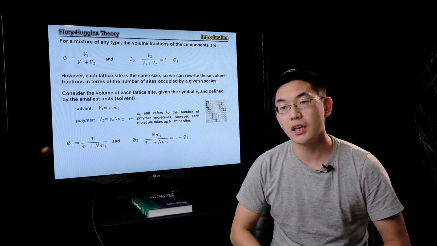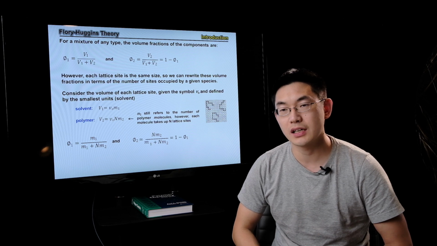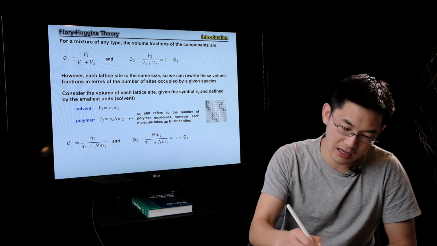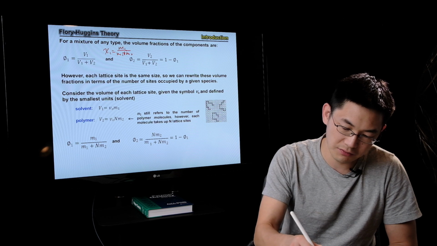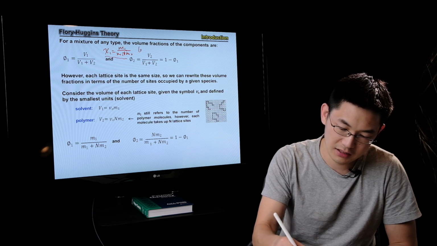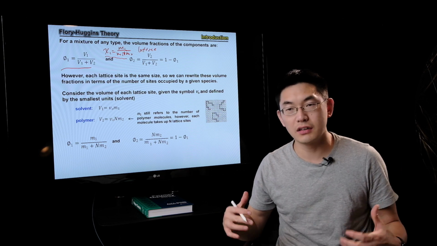In the solution of toluene and hexane, because they take the same volume, we simply defined a similar term, which is the M term. But they're different here. This is for lattice theory, and for the Flory-Huggins theory, it is generally very similar.